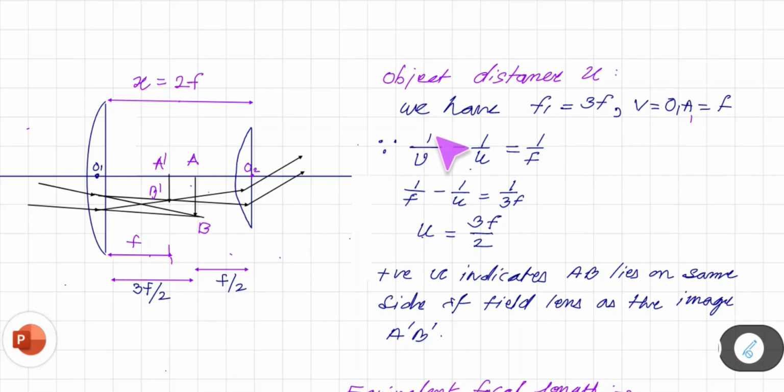Now we have the relation 1 upon V minus 1 upon U is equal to 1 upon F. Here V is equal to f, which we already saw. Putting the values, with the focal length of this lens being 3f, U is equal to 3 by 2 f. And so obviously the image A dash B dash is at a distance 3 by 2 f.